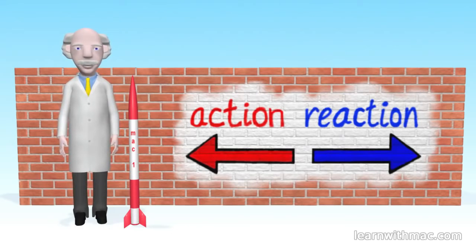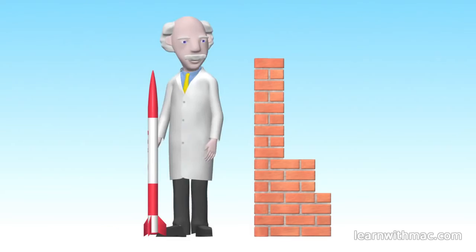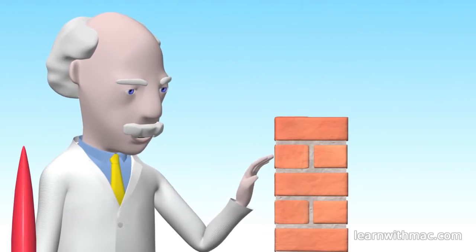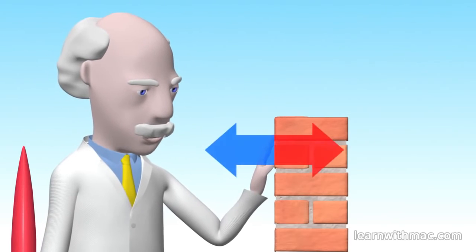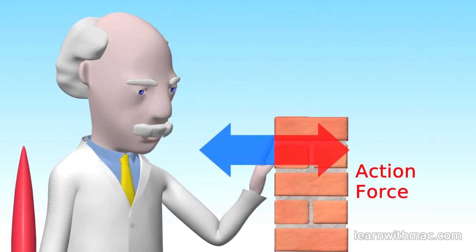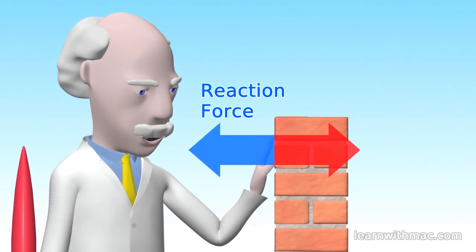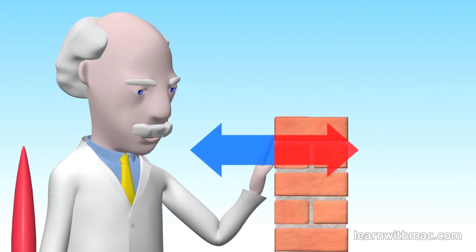Now it is easy to get confused about the law, but there is a key element to focus on which will make it easier to understand. Let me show you. We have here a wall. When I push on the wall, applying an action force on the wall, this results in a reaction force applied to me from the wall.